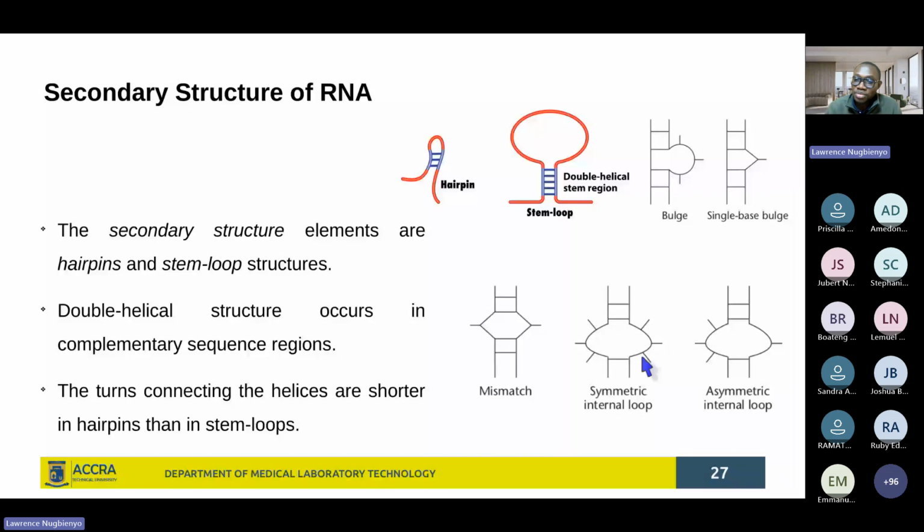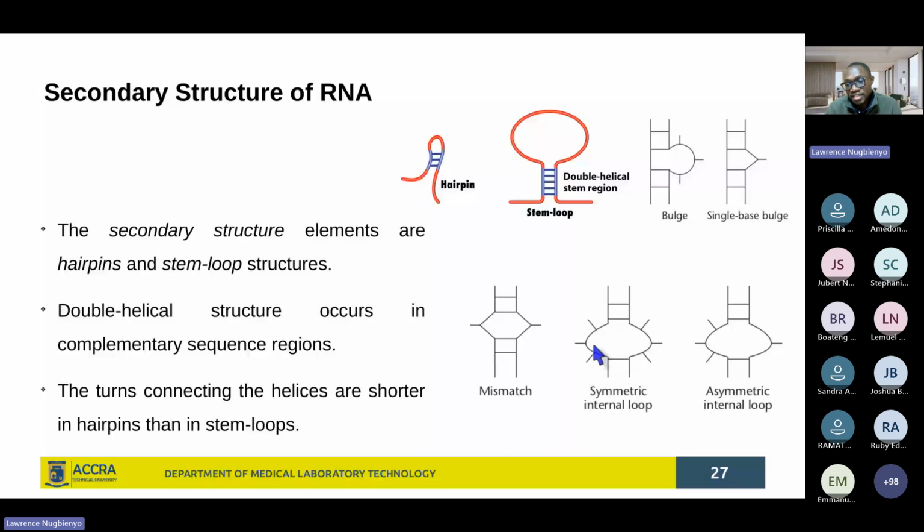You can also have what is being referred to as a symmetric internal loop. When you look at it, you can even say this mismatch is almost like a single base symmetric internal loop, because it's the same kind of thing: you have a stem, and you have a number of bases along the line that are not complementary.